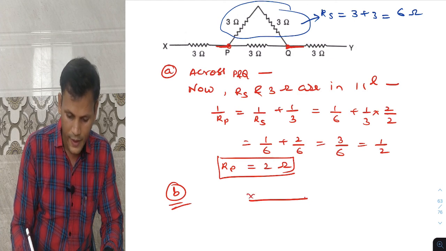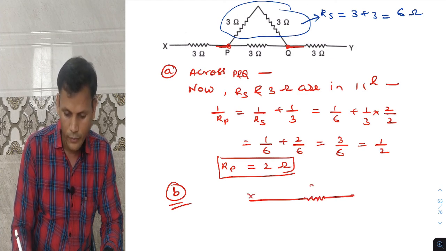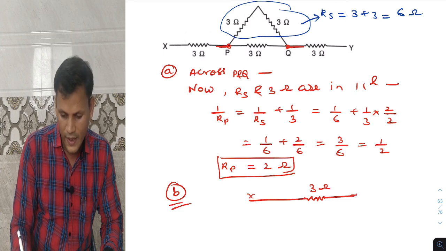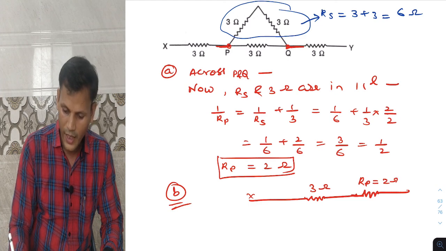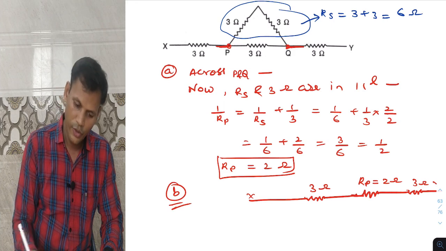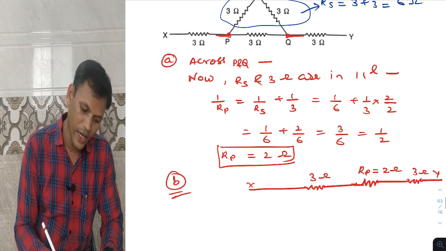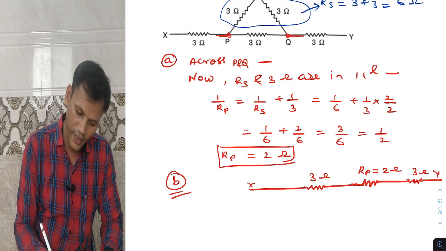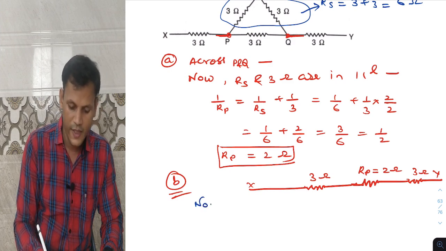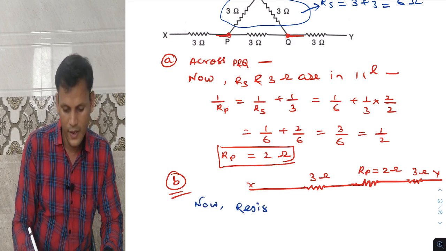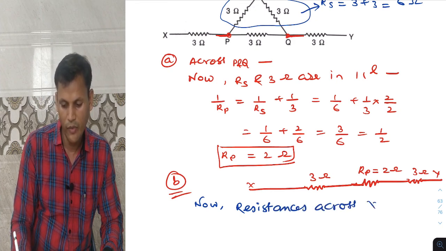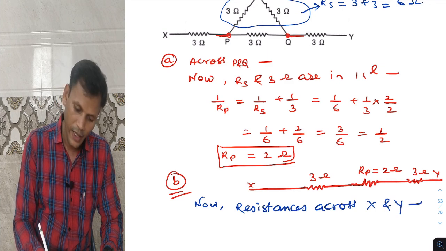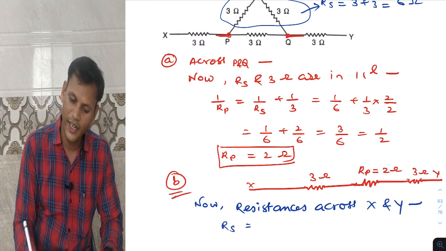X, it is the resistance of 3 ohm, and this resistance is Rp, which is equal to 2 ohm, and last is the 3 ohm. So it is Y. So now the resistance across X and Y: what you will get is, they are in series, all are in series.